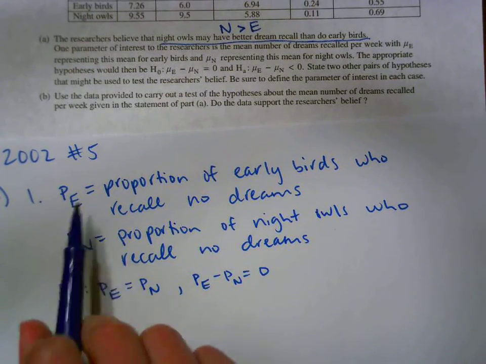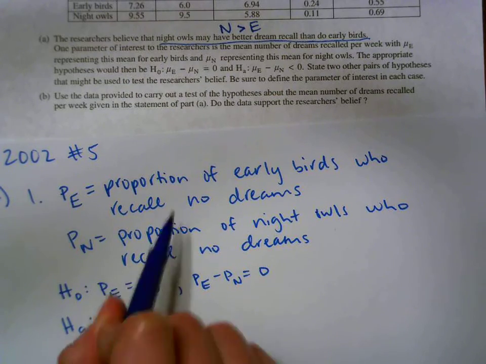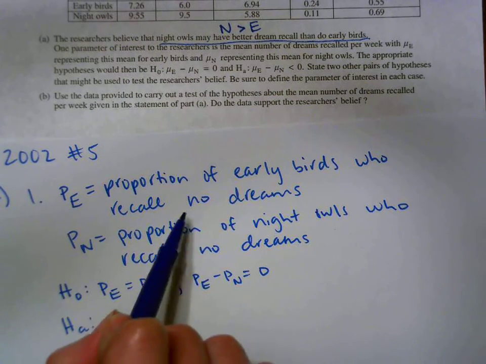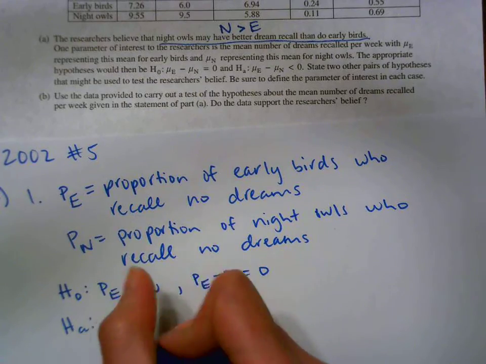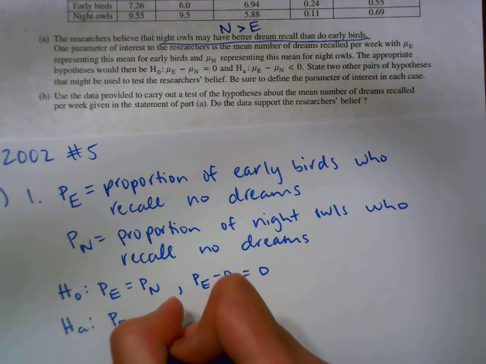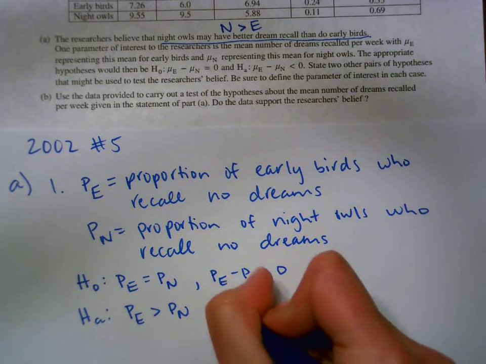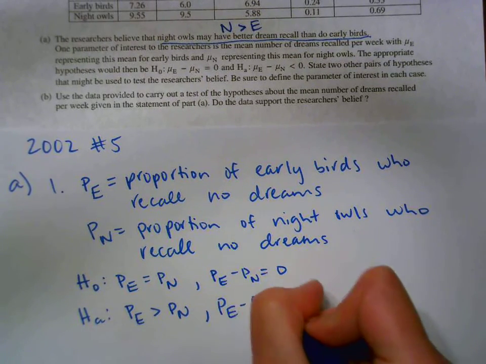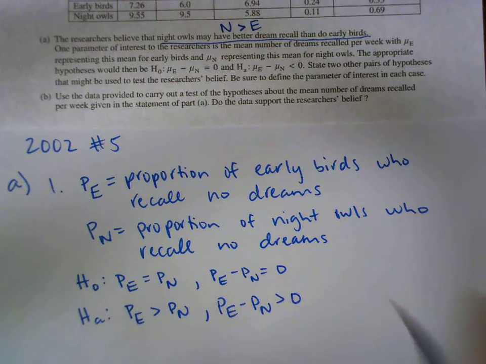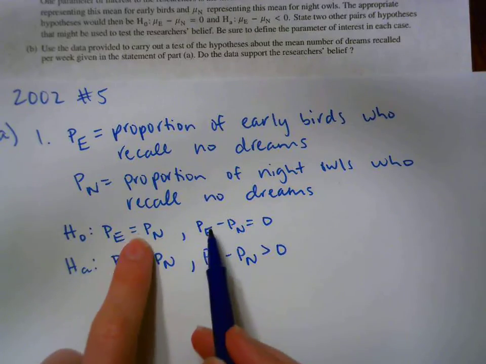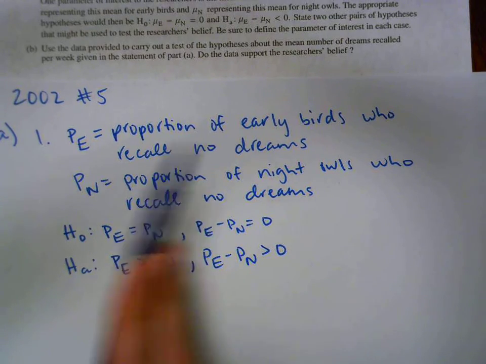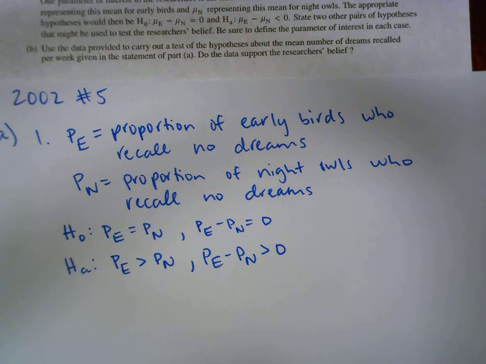So which one would be greater? The proportion that recall no dreams. In this case, it'd be pE is greater than pN, which could also be pE minus pN is greater than 0. Just so you didn't think you were getting away with anything, this is not two sets of hypotheses. This is one set. Now we've got to come up with another option.